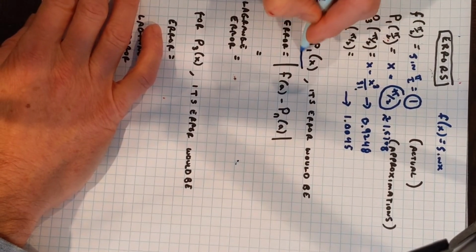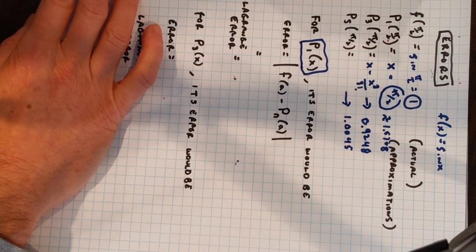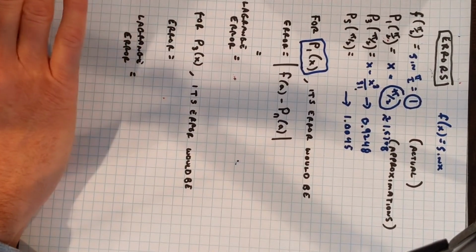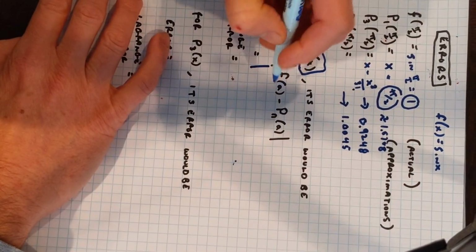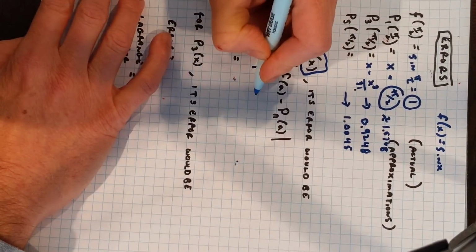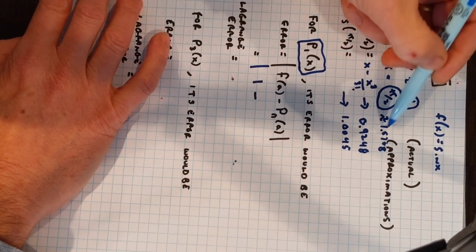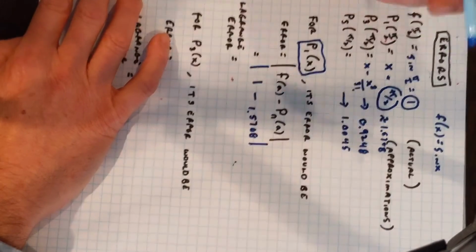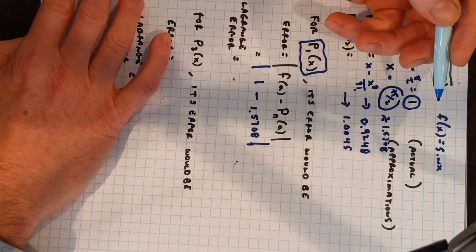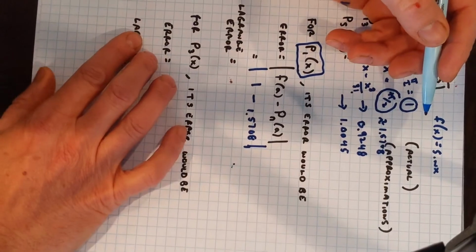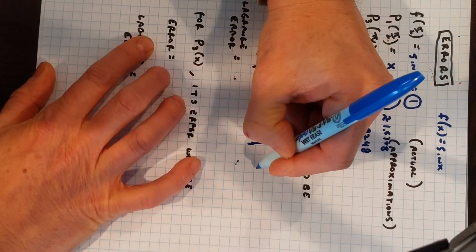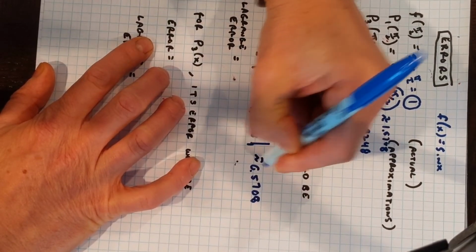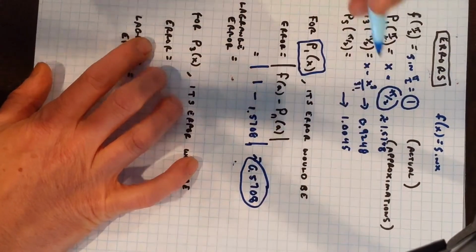If I look at P1 only, as my approximator, I would compute the error by taking the actual, which we found to be 1, minus the approximation value, which is 1.5708. And again, when we talk error, we talk absolute value of it. We don't talk negative error. We say the error is a certain value, and we get 0.5708. So my error is this much, quite a bit.